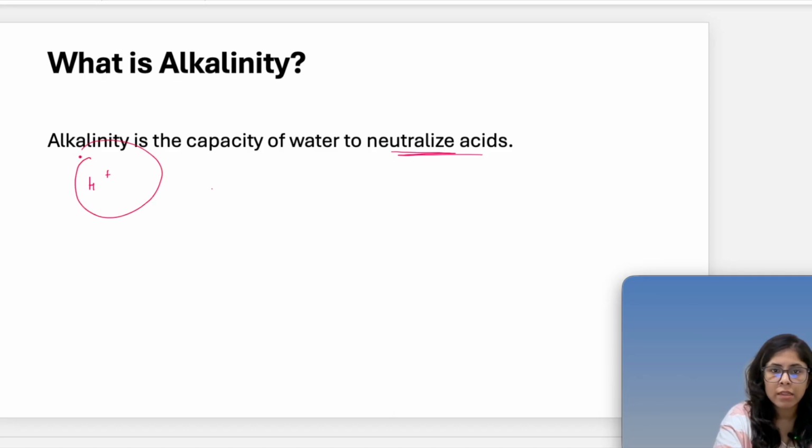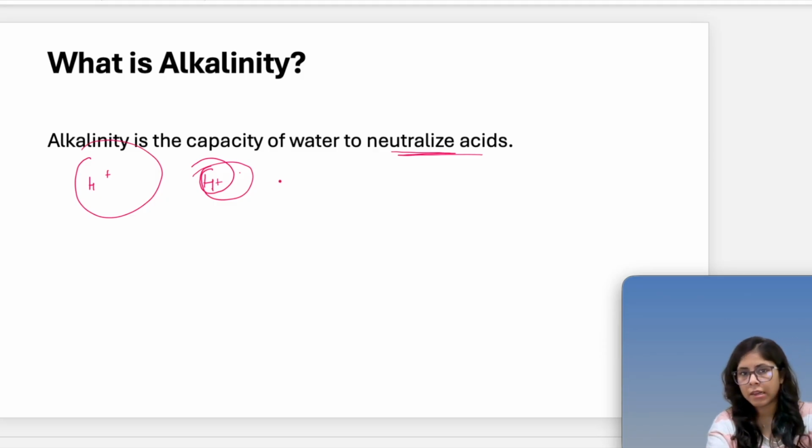So H plus ions create acids. Now, if somehow we try to neutralize this H plus ion, then we'll have neutral water, right? If water has a lot of H plus ions, we'll call it acidic, in the acidic range.